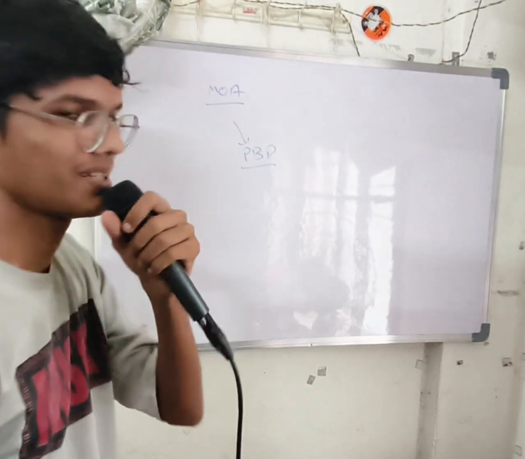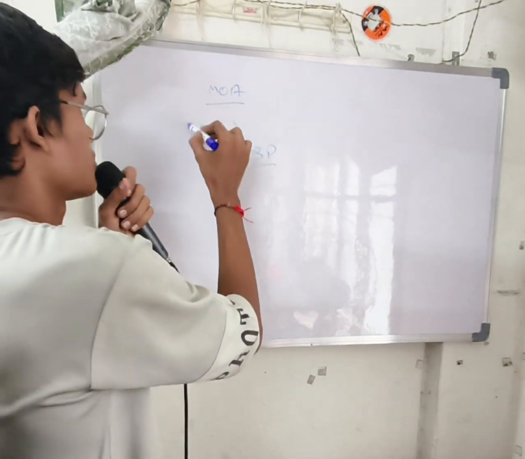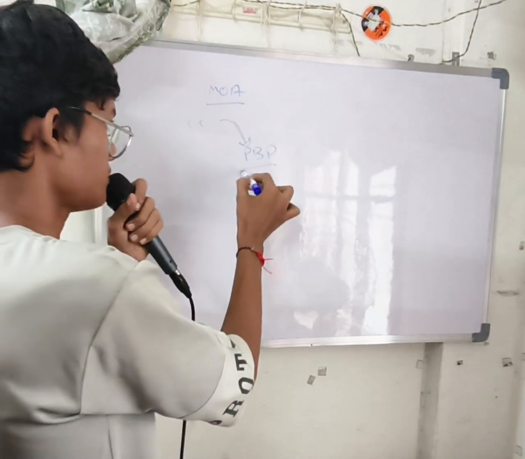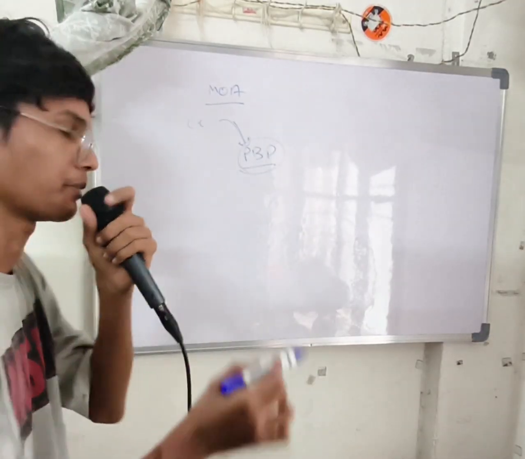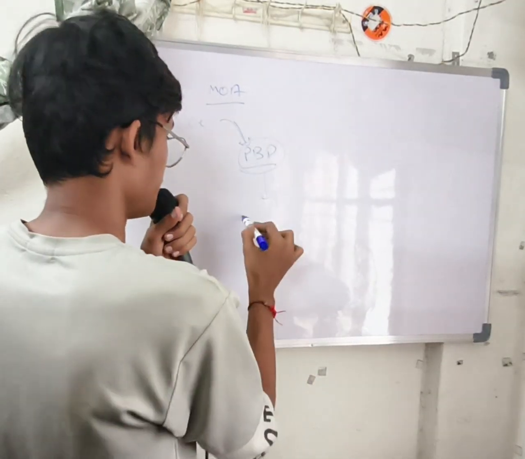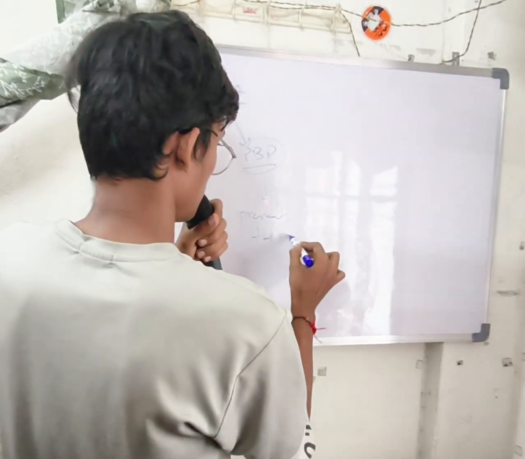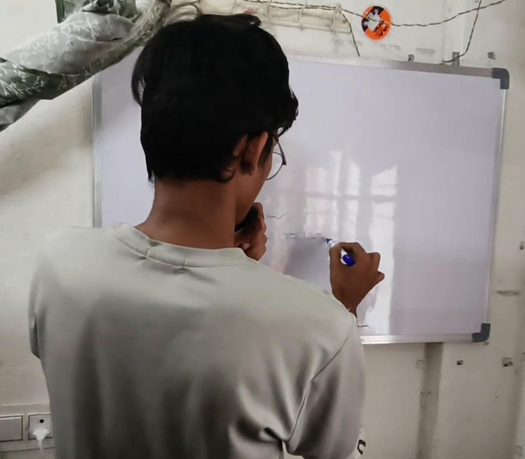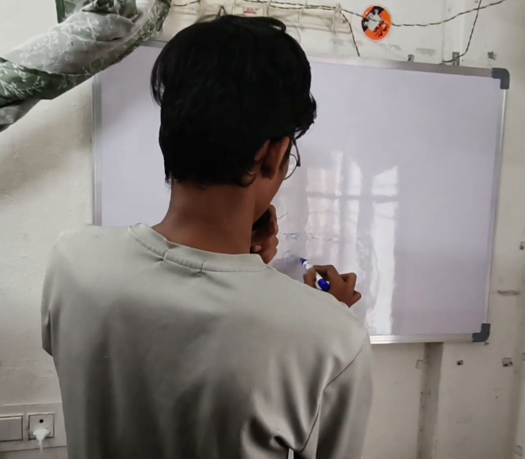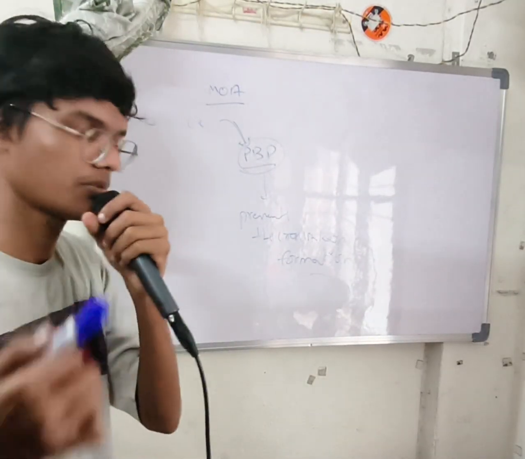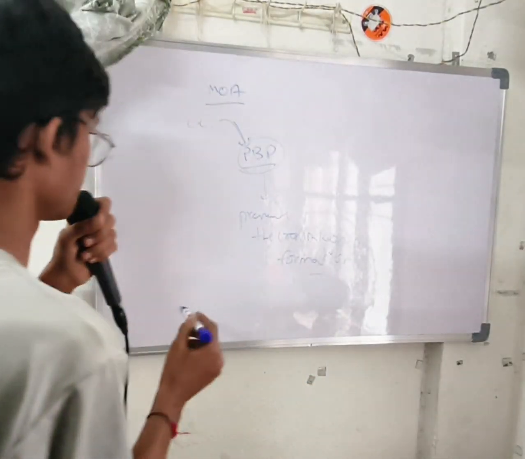PBP is the penicillin binding protein. Ceftriaxone enters the bacterial cell, binds with the penicillin binding protein and prevents the cross linkage formation. So how does it happen?